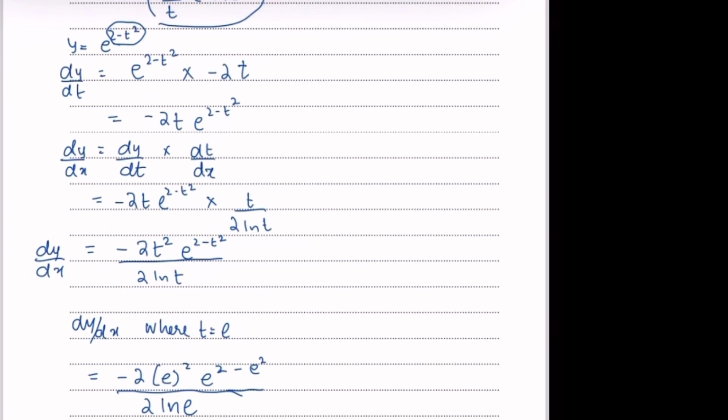So this is, we can cancel this 2 with this 2, and ln e is basically just 1. So we have minus e squared e raised to power 2 minus e squared, and ln e is just 1.